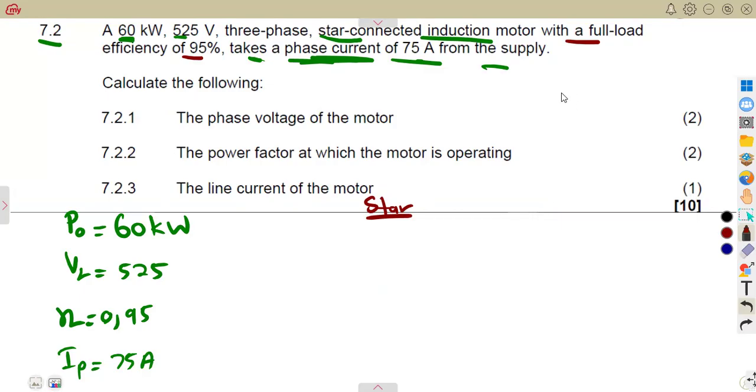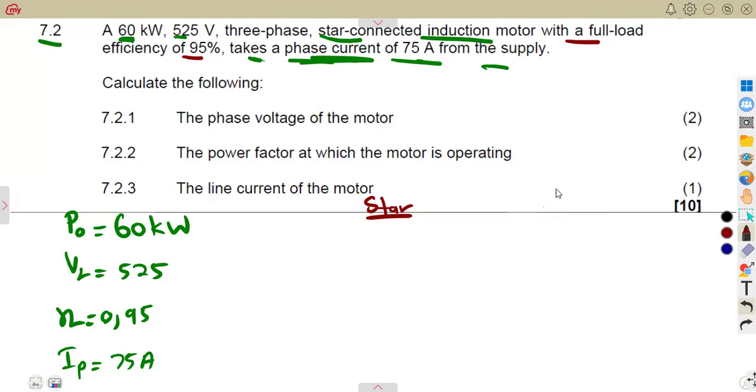Remember, in a star, I talked about this. You need to understand your connections, the star, the delta, and what is common between the two. In a star, the line current and the phase current are the same.